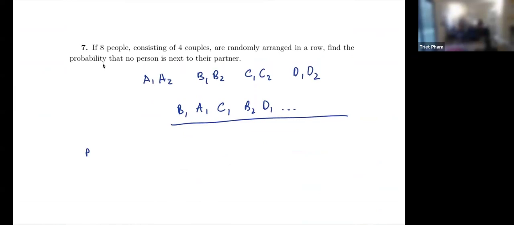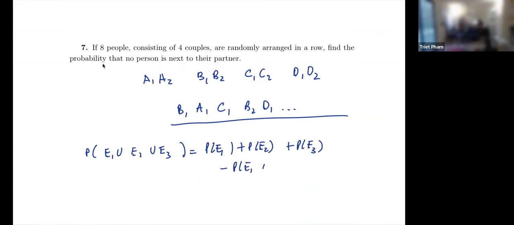But inclusion exclusion formula, as we look at in this class, is something like this. I'm just writing down something here, but the point is you want to define these events.